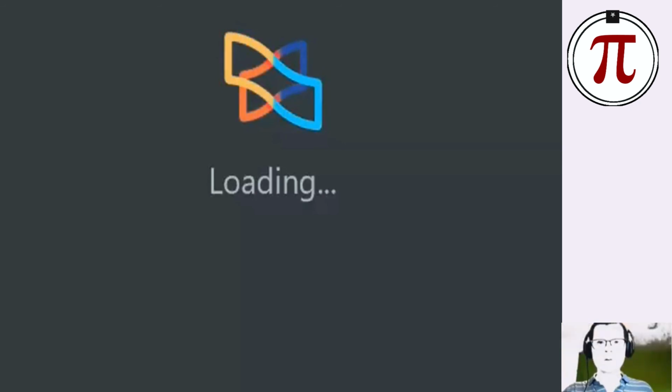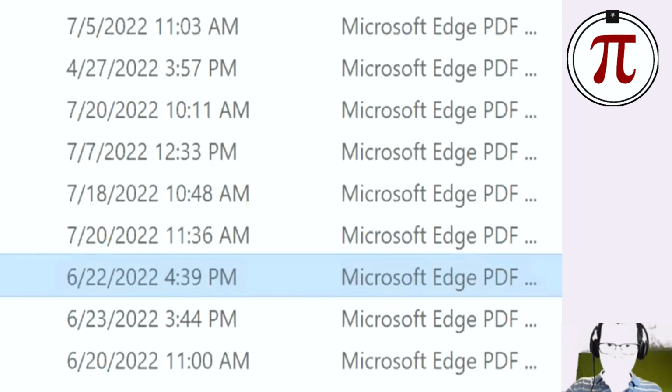Screen is paused. I closed everything now.